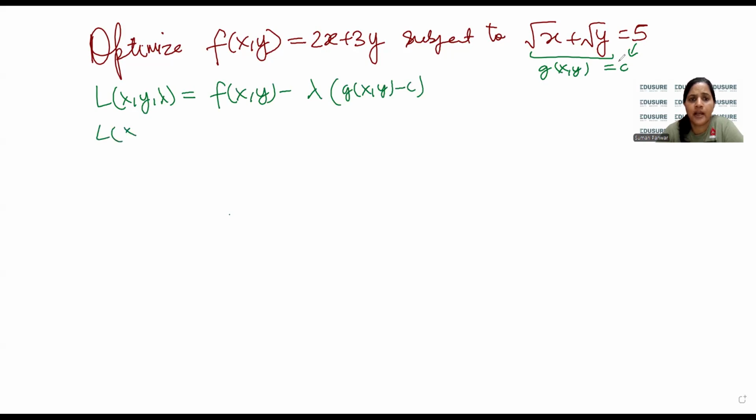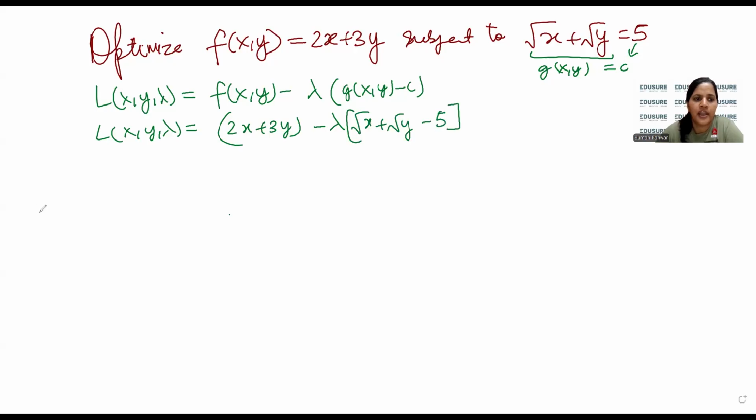Over here, it will become 2x plus 3y minus lambda times (root x plus root y minus 5). Now, the first derivative conditions for optimum values are Lx equals 0 and Ly equals 0.